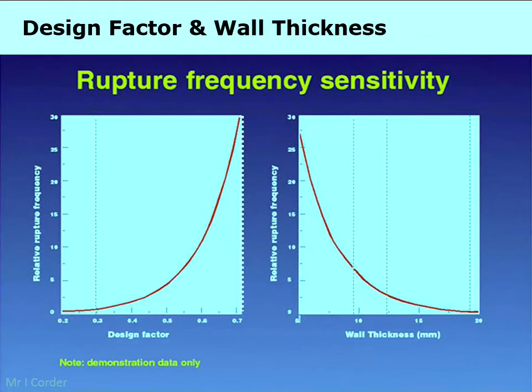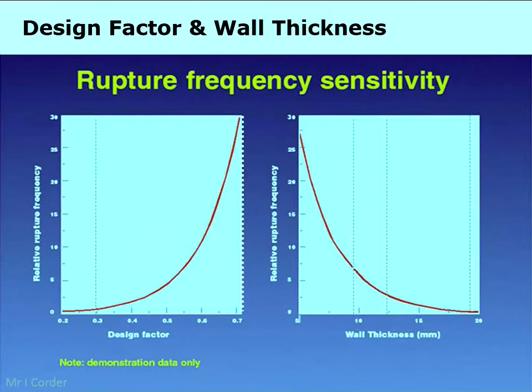Right, so the principles of the code require that you apply fracture control during the design of the pipeline. And this means that basically you've got to ensure that the design and the toughness requirements of the material are such that you're going to have resistance to the initiation of small defects. In other words, if you've got small defects in the material, they're not going to grow under the operating conditions.